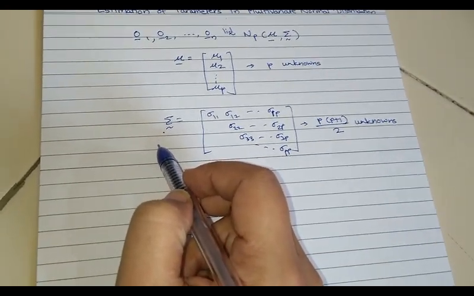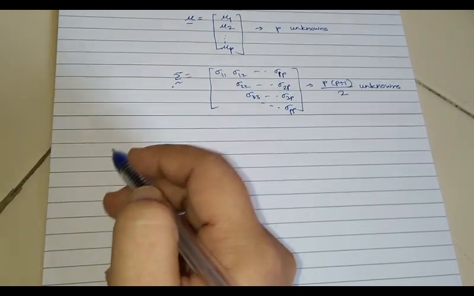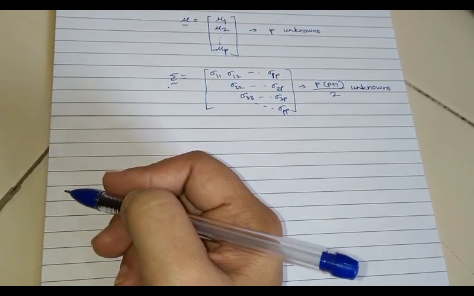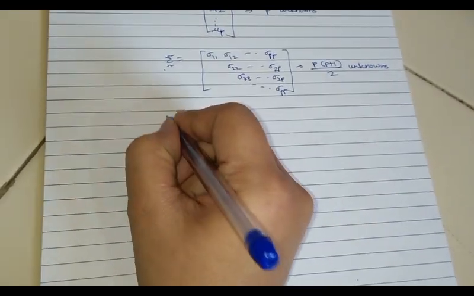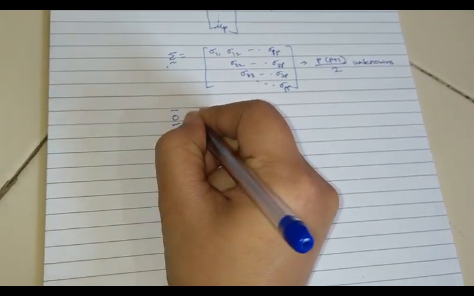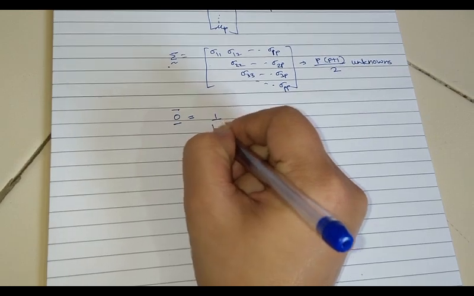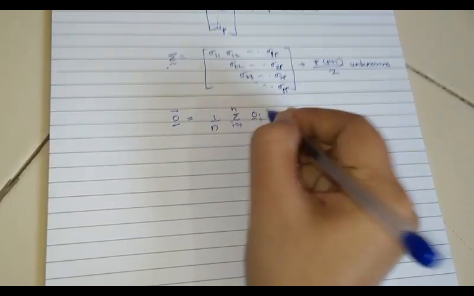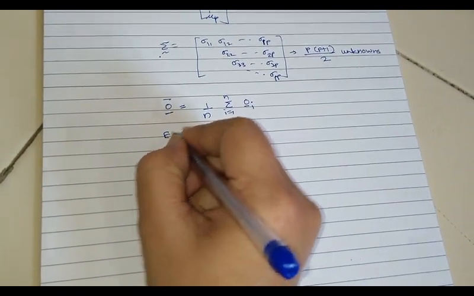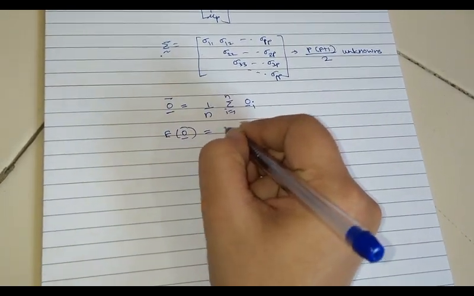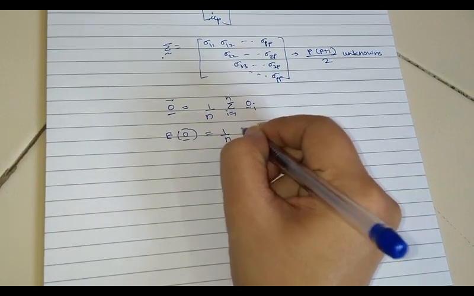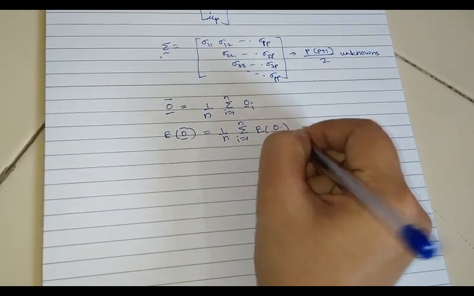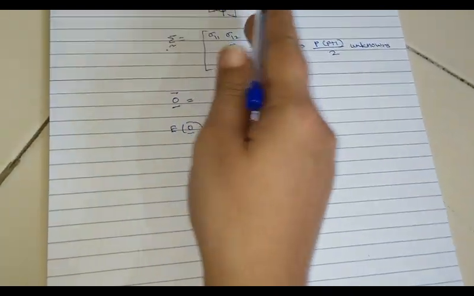We know that in the univariate normal setup, sample mean is unbiased estimator for population mean. So let us first check whether that is true here also. So we define sample mean O bar as 1 upon n sum over i going from 1 to n Oi. So if I want to compute expectation of O bar, I will have 1 upon n summation i going from 1 to n expectation of each Oi, which we know is mu.